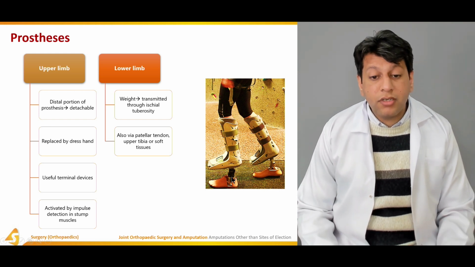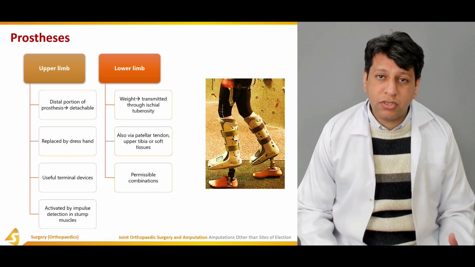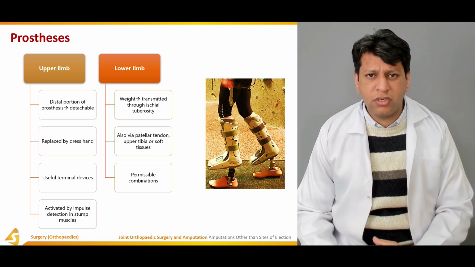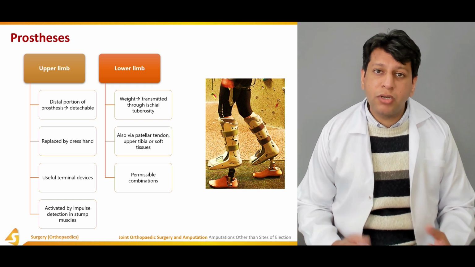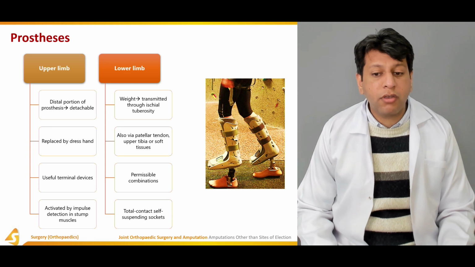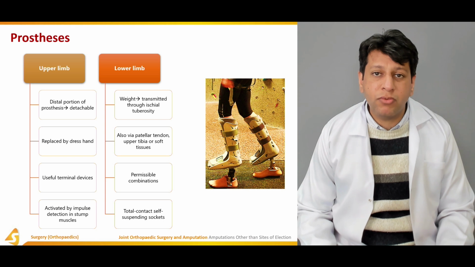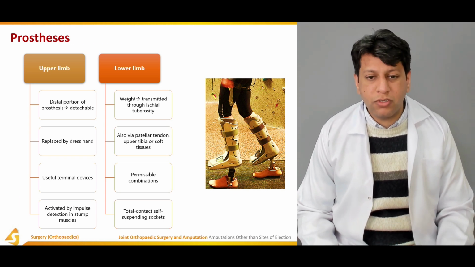There are multiple generations of prosthesis, the old generation and the new generation. The newer generation has more bodily kinematics as compared to the old one. Total contact self-suspending sockets have been developed, so that there is no stump pain and stump problems which may be associated with the older generation of the prosthesis.